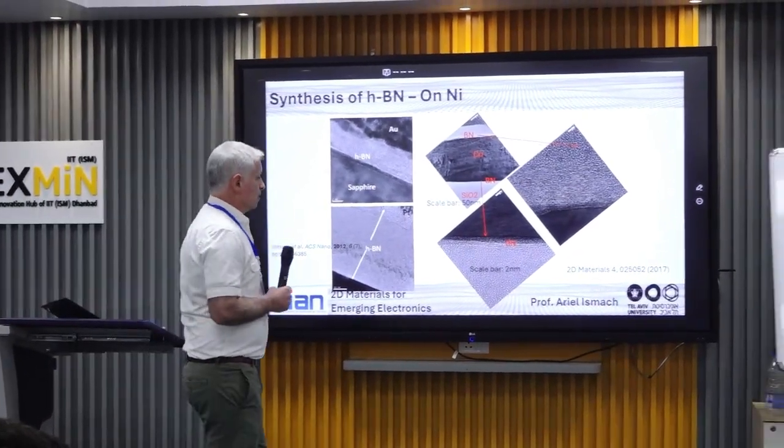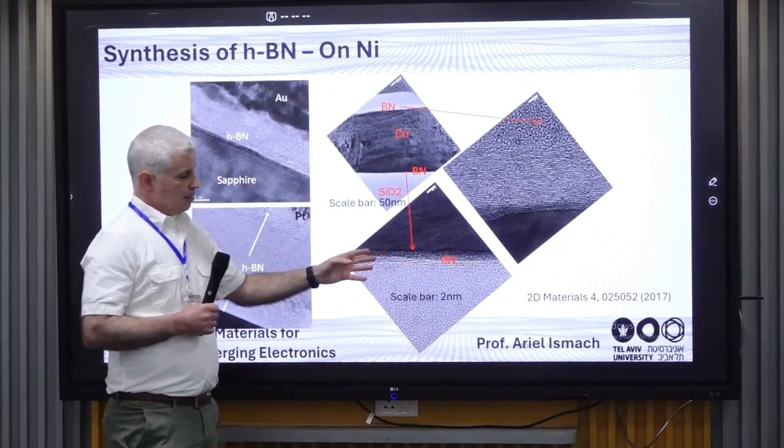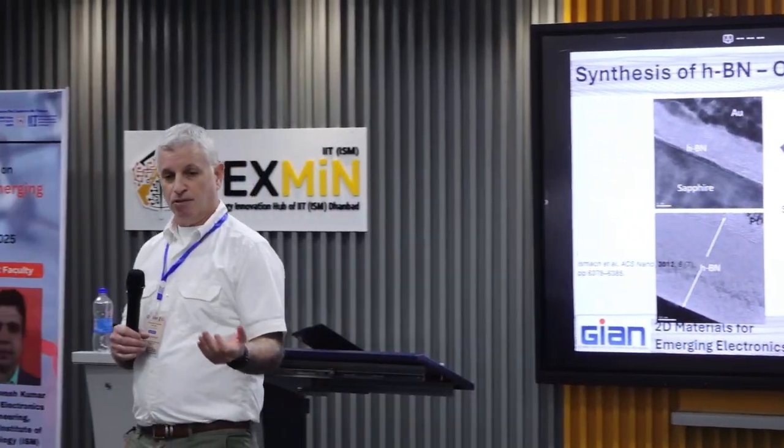So this is interesting because there is a big issue with synthesizing these materials, I'm talking about graphene and HBN. These are easy to synthesize on the metals, but very hard to synthesize directly on the dielectrics. So that means that when you synthesize them on metals, you must transfer them to other substrates in order to study them and make devices, for example.